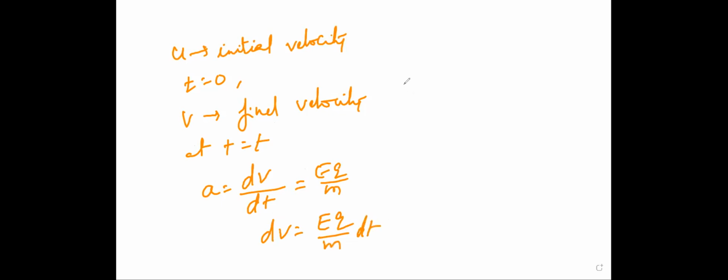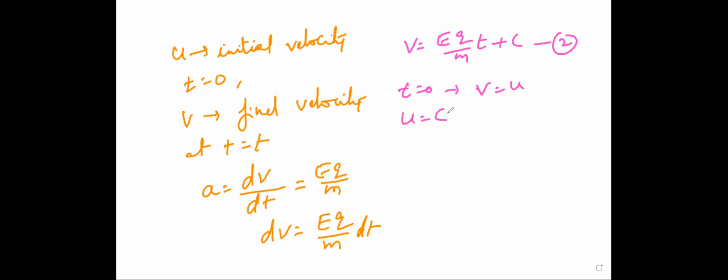So integrating on both sides, integral dv means v is equal to Eq by m into integral dt means t, plus constant C1. At initial time t equal to 0, v is equal to u, then u is equal to the constant C1.